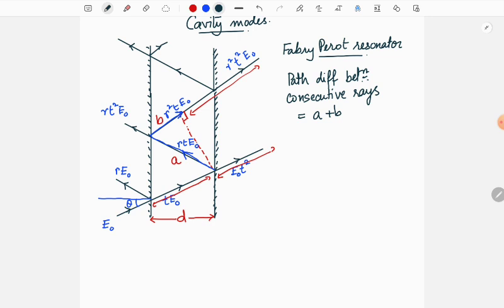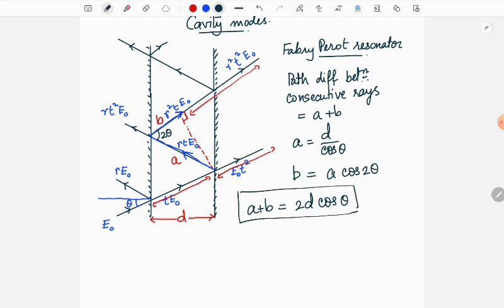The geometry consists of the angle theta and the separation distance d, and one can easily find that A is d by cos theta, and B is equal to A cos 2 theta. As you see here, this angle would be 2 theta. So if that's the case, then A plus B, that is the path difference, you can do the maths, comes out to be 2d cos theta. So this is the physical path difference between two consecutive beams.